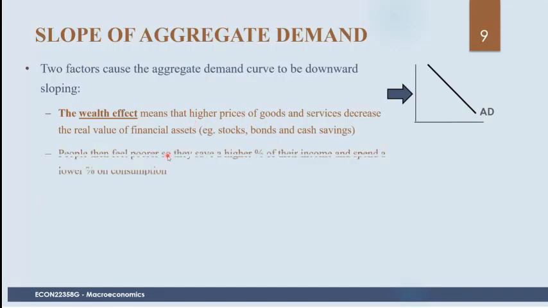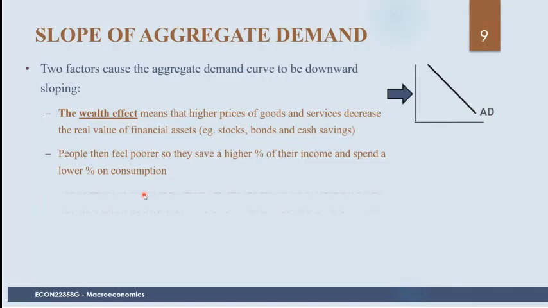You could think of it as people feeling poor, so they spend a lower percentage of their income on consumption. Again, if prices increase, that decreases the value of financial assets, so you just feel a bit poor.